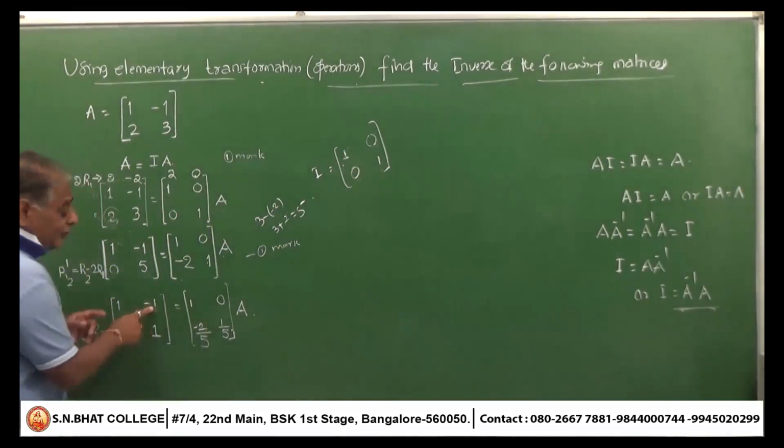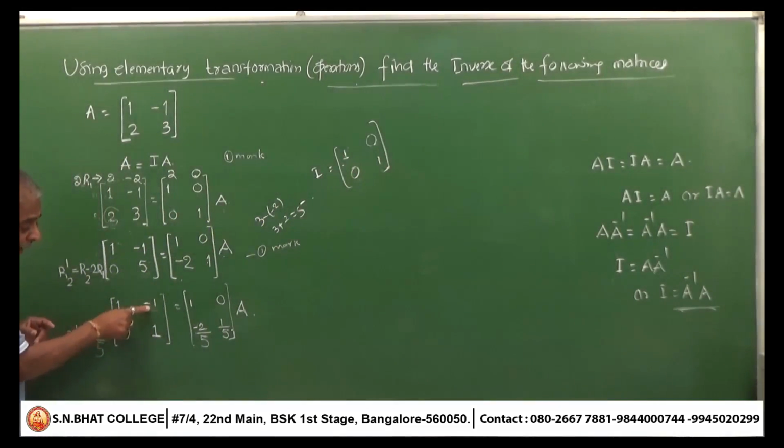To make this 0, you have to add R1 and R2, and write it in R1. If you add these two, it becomes 0. Write it in R1, not in R2.